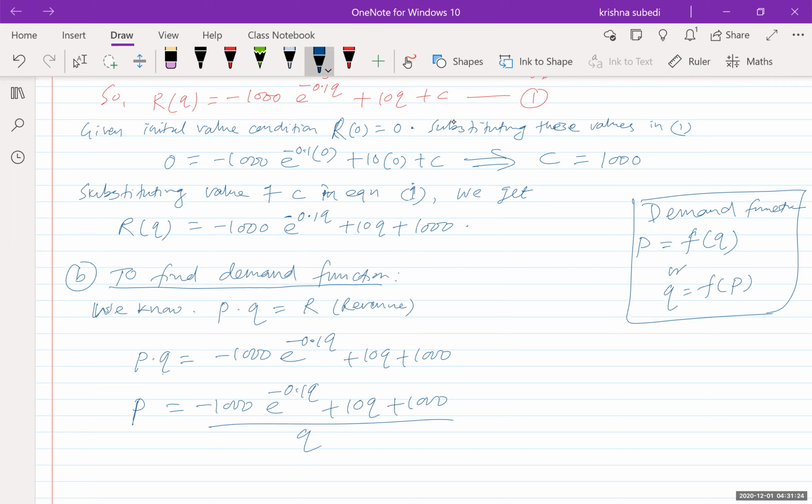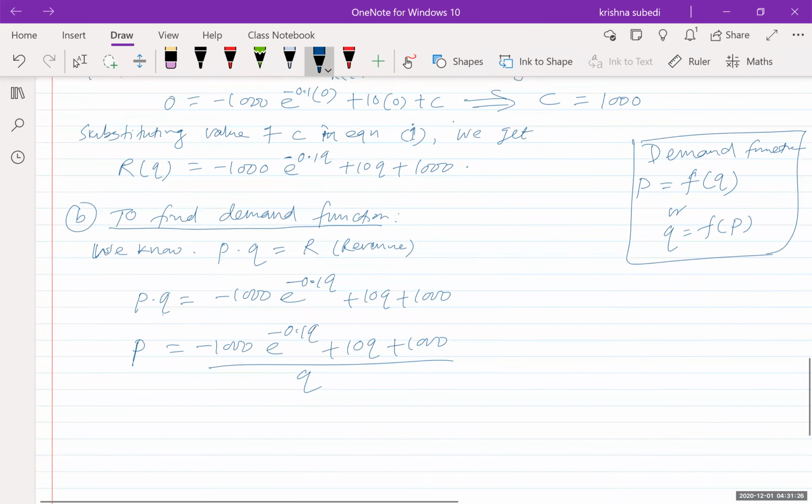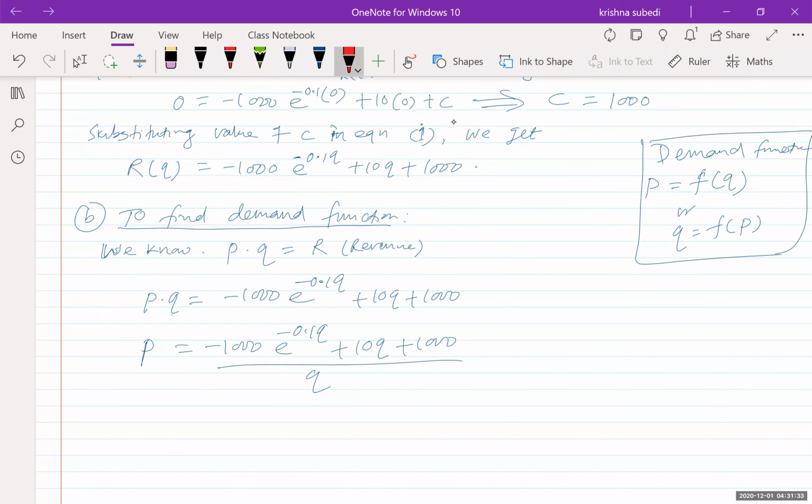So this is our demand function in terms of price.